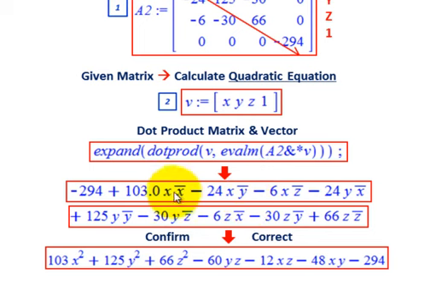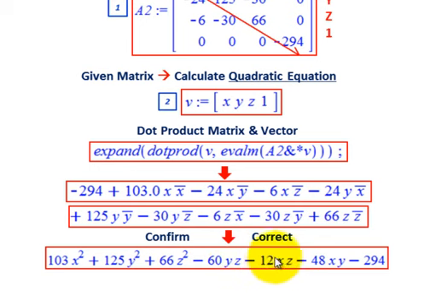103, I'm throwing x times x here, so that would be 103x squared. And then we have 125 times y squared. And then we have 66z squared. And then we have to collect our terms for these cross products: minus 30yz and then minus 30zy, which would be represented as minus 60yz.